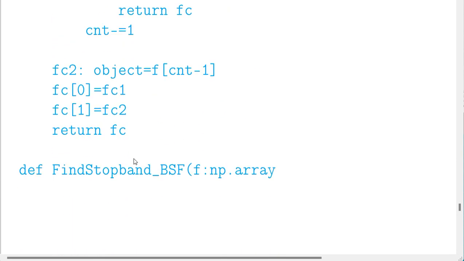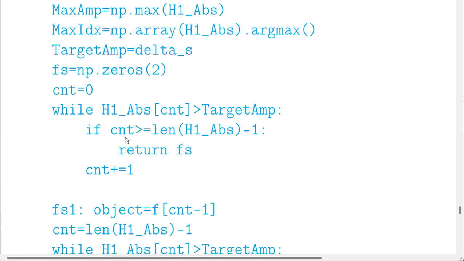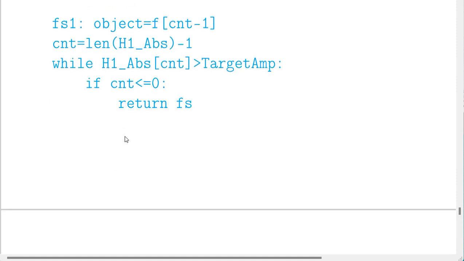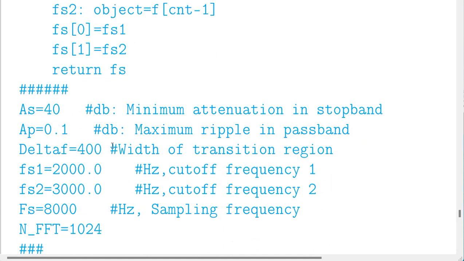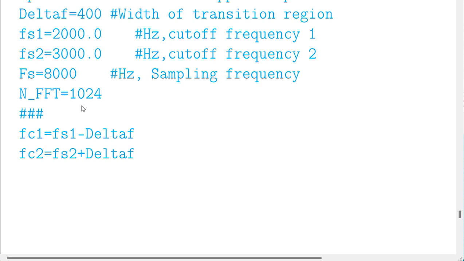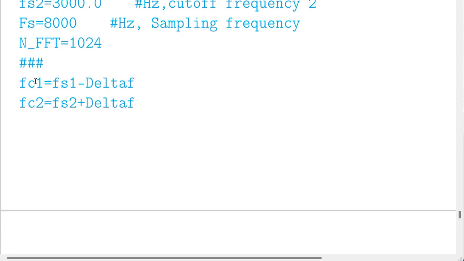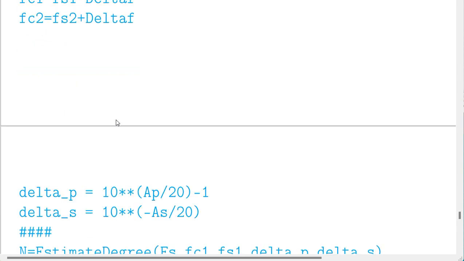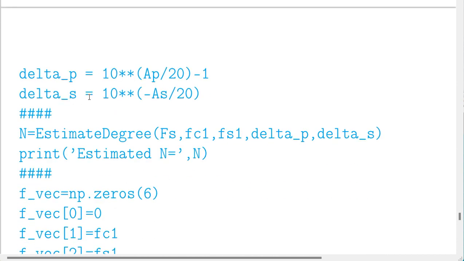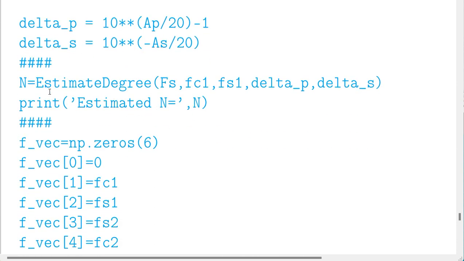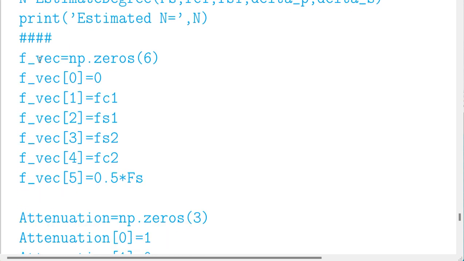Now, showing key parameters again. Here the declaration. This time fc1 or fp1 is fs1 minus delta 1, and fc2 is equal to fs2 plus delta 1. Delta p, delta s, the same style. Degree estimation, the same style.